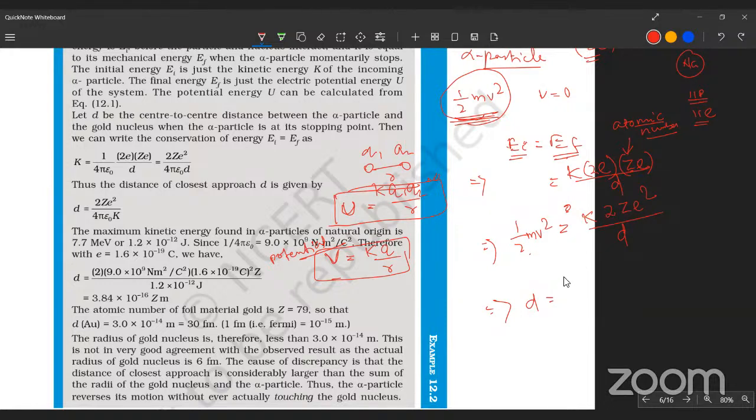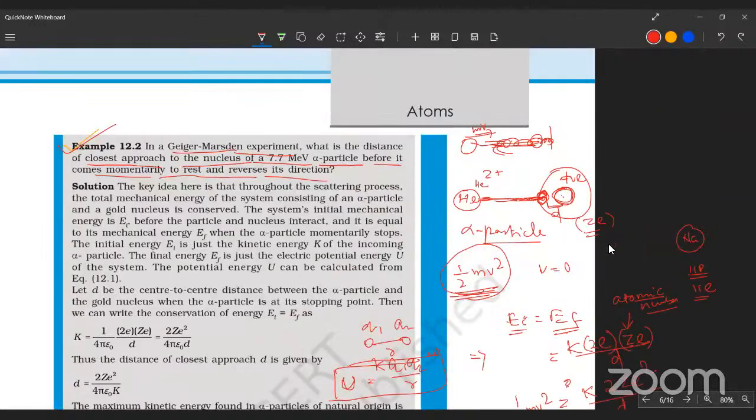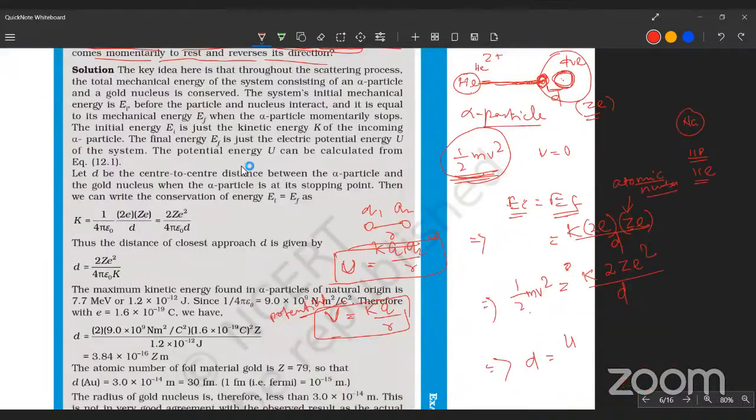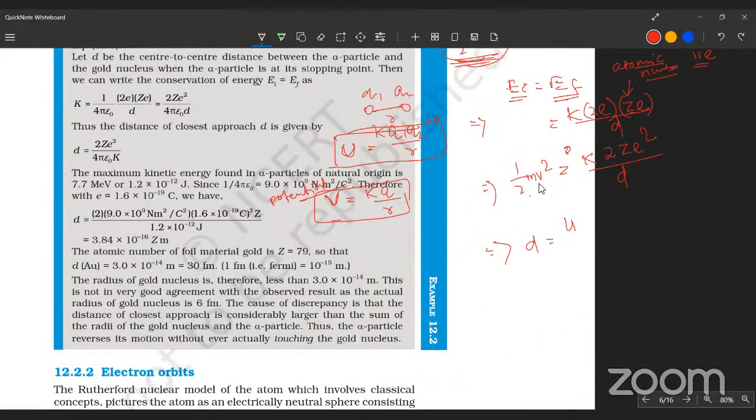Okay, no need to multiply because the question is: what is the closest approach to the nucleus of a 7.7 MeV alpha particle. That means kinetic energy is given as 7.7 MeV. So directly we'll put 7.7 MeV in place of this, right?